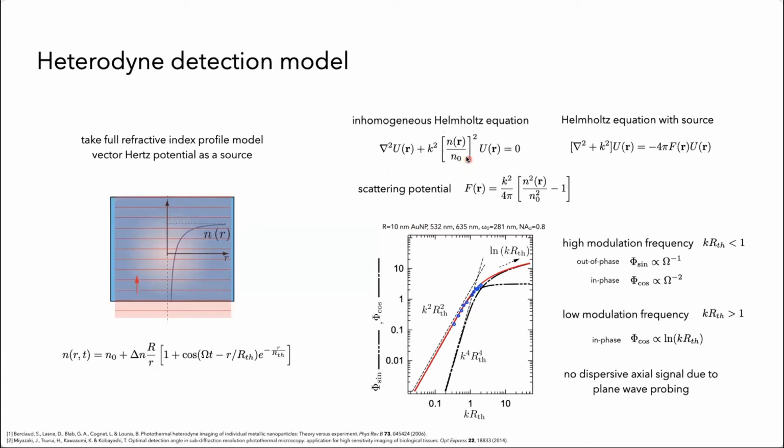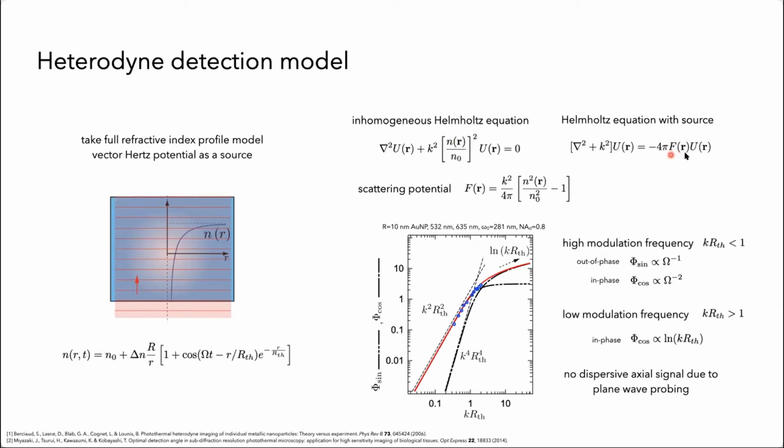You can approach that in different ways. This kind of theory approached it in a way that it created the homogeneous one here, where you don't have the refractive index profile, and all of the n of r stuff is put as a light source, so to speak, on the right side.